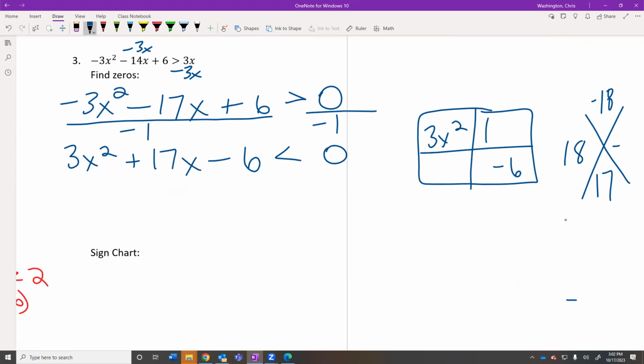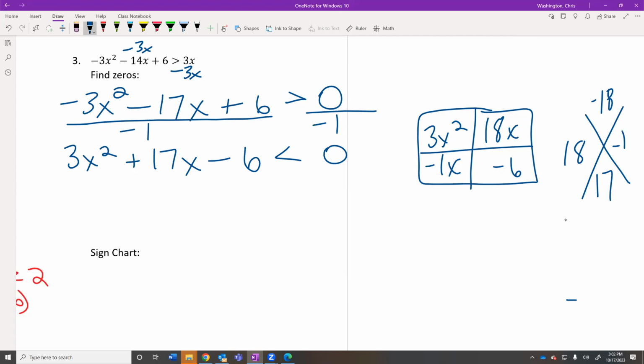So those are going to be the numbers that go inside our box. 18x and negative 1x. Now, we could have used the quadratic formula with this, and you would have got the same answers that I'm getting. But all of the problems that we do this week, you will be able to factor.